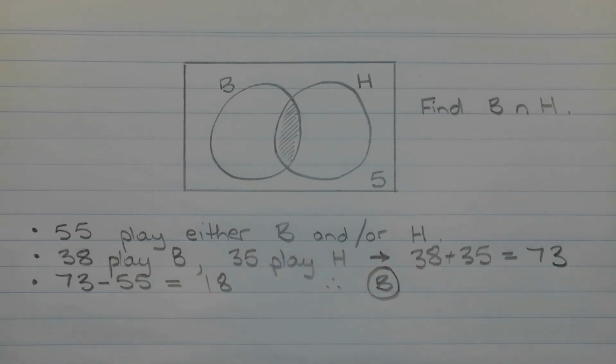So in other words, 55 students have to be within either one of these two circles or both. And the question is asking for the number of students that play both basketball and hockey. In other words, the number of students that are in the intersection of the two circles. Now it's given that 38 students play basketball and 35 students play hockey.